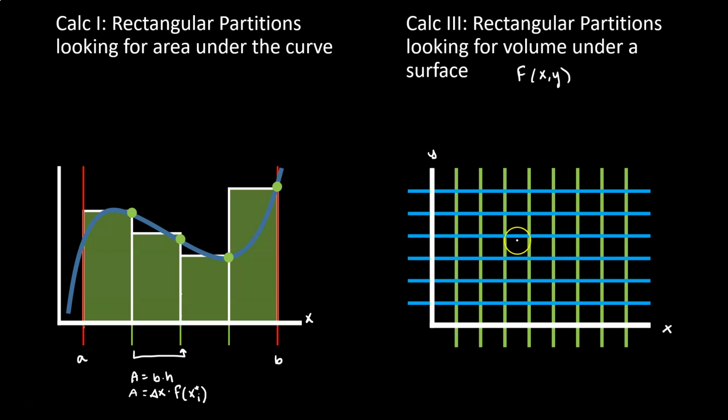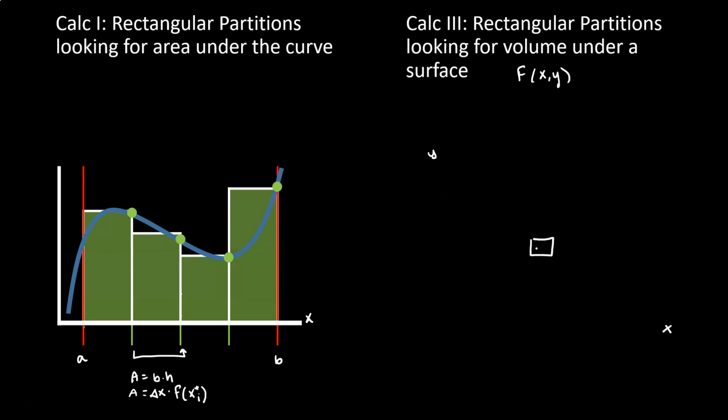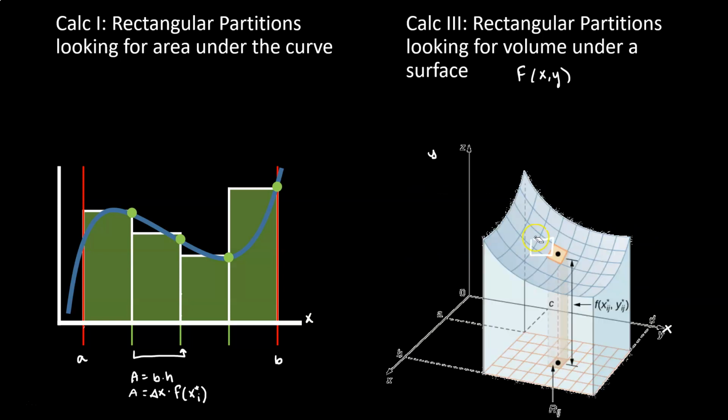From here, we would then pick either a left endpoint, a right endpoint, or whatever edge you want for one of these partitions, and plug it into your function the same way that we did in Calc 1. So let's pick a point within one of our partitions, and I'm going to pick the center point, and plug that into our function, and that's going to give us this vertical distance.